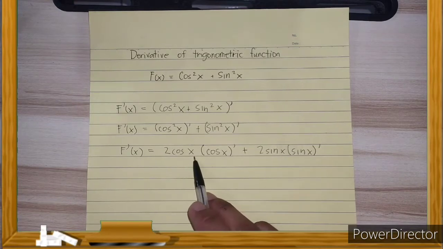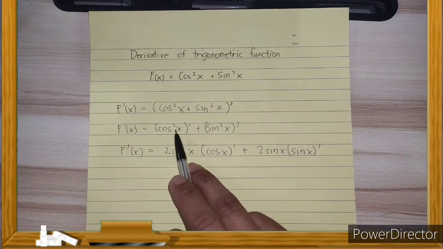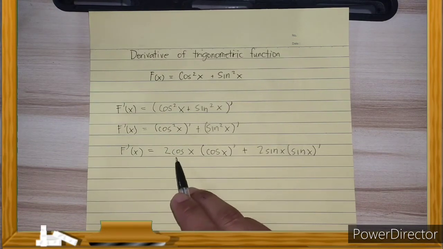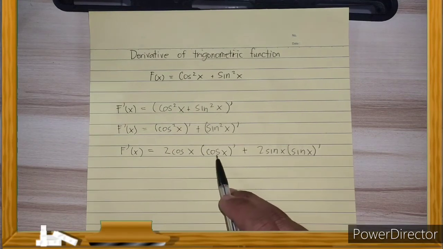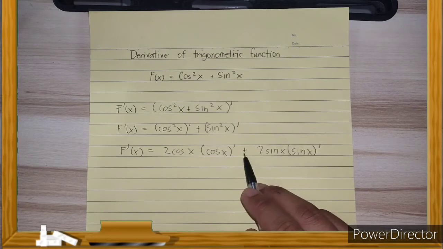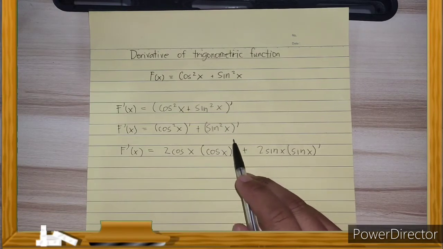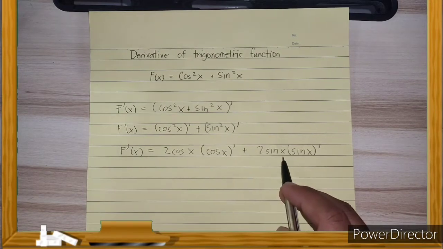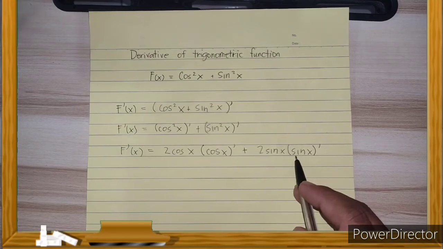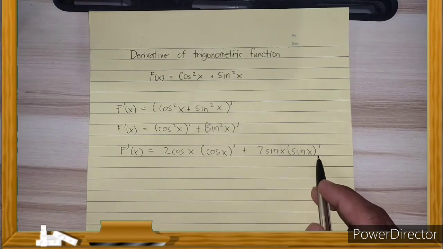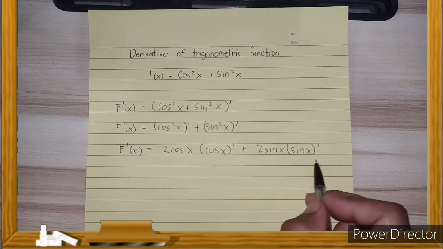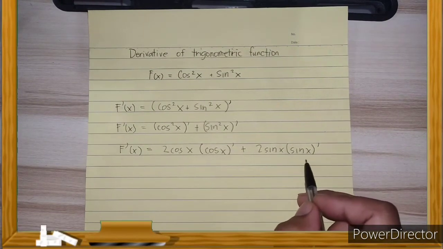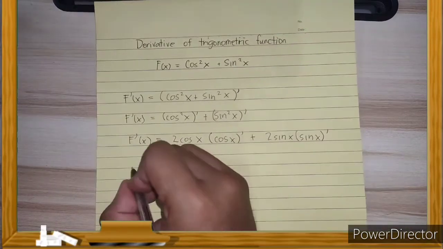It becomes 2 cosine x because the derivative of cosine squared x is equal to 2 cosine x, and then times the derivative of cosine x, plus the derivative of sine squared x, which is 2 sine x, times the derivative of sine x. So next, we need to simplify these expressions and then substitute the derivatives.